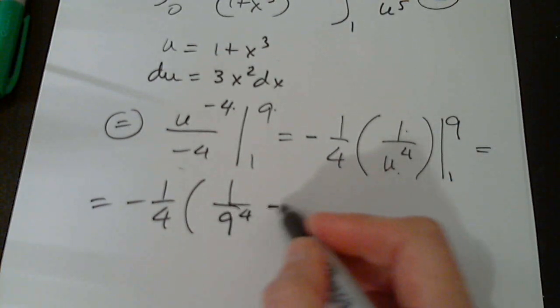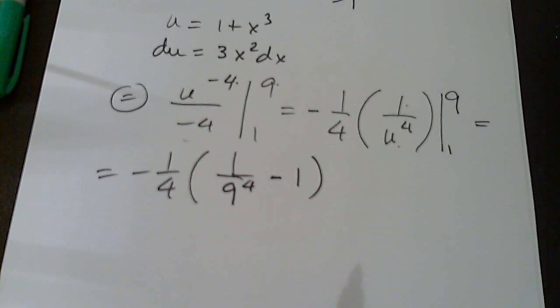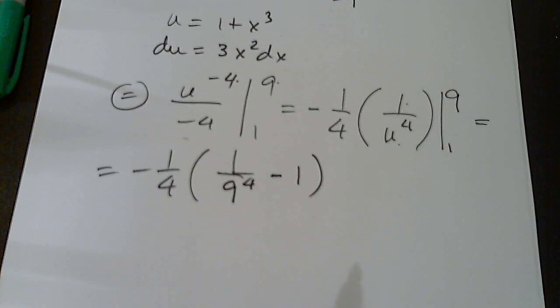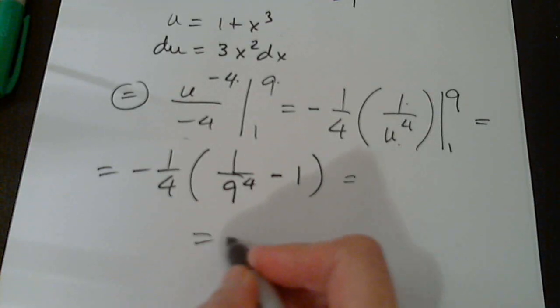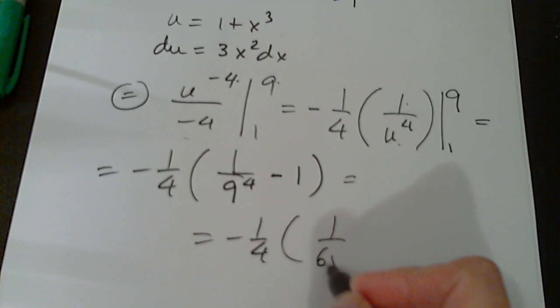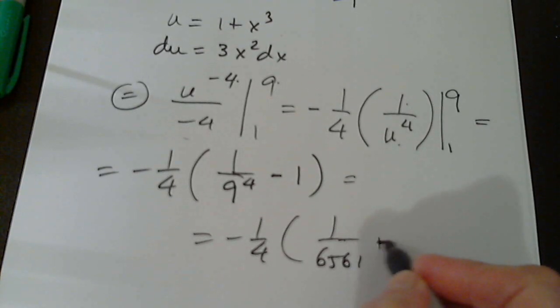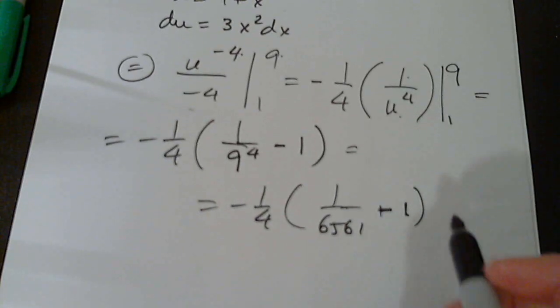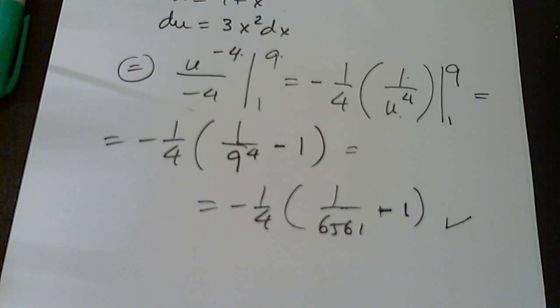And when I plug in 1, I just get minus 1. I'm fine if you leave it as is. 9 to the 4th power is 6561. So negative 1/4, 1 over 6561 minus 1. You can leave it as is. I'm fine with this. Good.